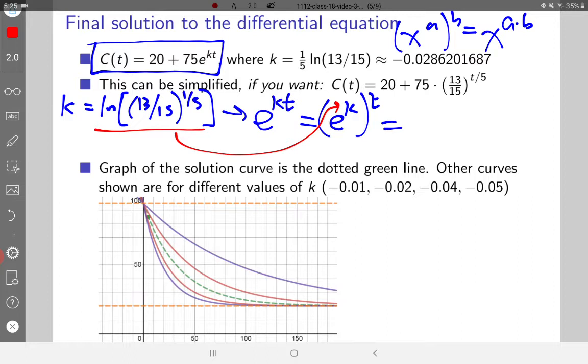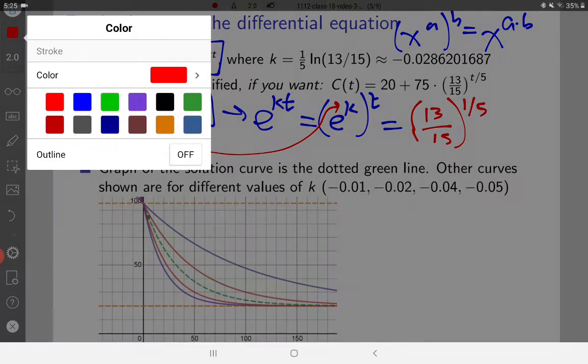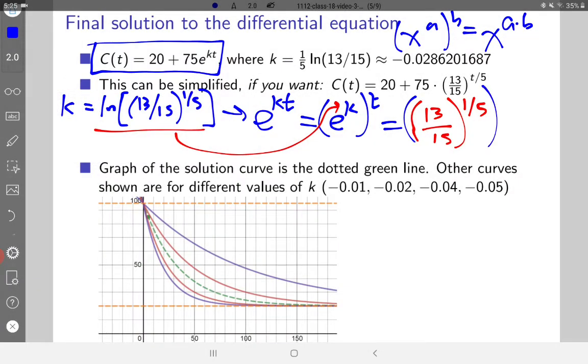So when I say e to that something, it's going to be just the inside of the logarithm. I have e to the natural log of a bunch of stuff, so I'm going to see just that stuff. 13 over 15 to the 1/5. And then all of that is going to be raised to the power t. And that works out to be 13 over 15, and then that exponent property again tells me that I can write that exponent as t over 5, 1/5 of t.